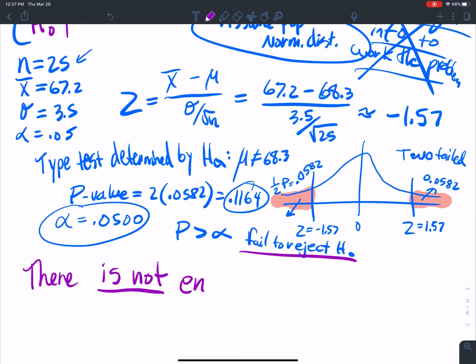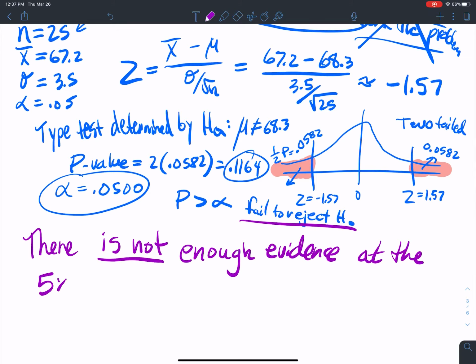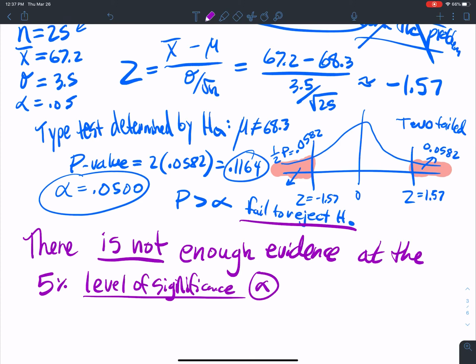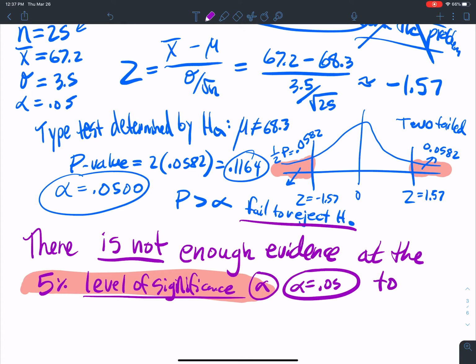So there is not enough evidence at the 5% level of significance. Now, level of significance is kind of a lot to write, so I like to just say alpha. You can say this, or you can just say alpha 0.05, whichever one floats your boat.